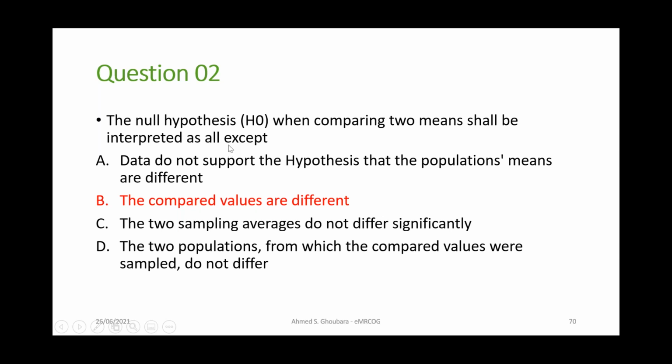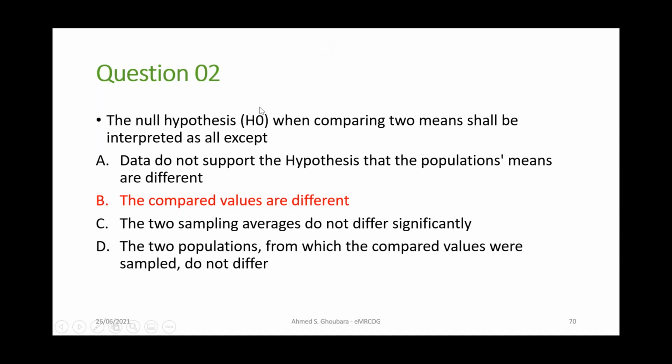Except, yeah, the null hypothesis. If you're confused about the word null hypothesis, Dr. Zia, you can strike it off in your mind and put the word negative instead. This is not perfectly accurate, but it works.